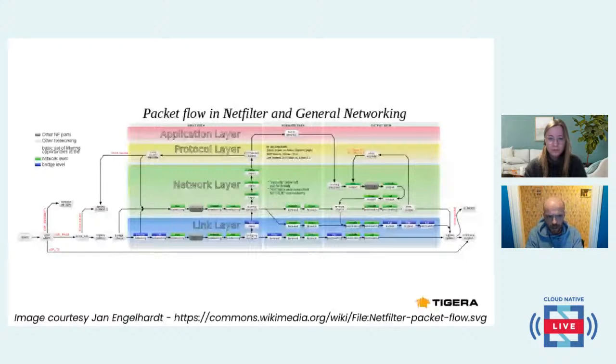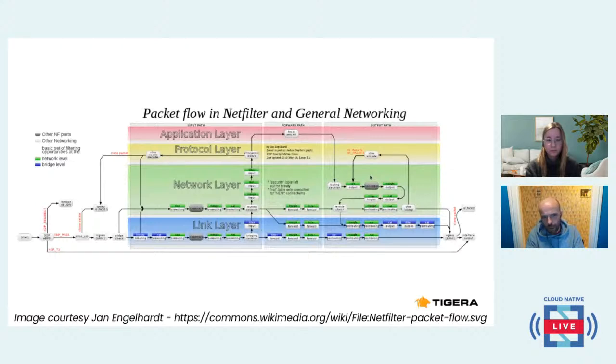The reason I've got this diagram up is because there's a fair amount of complexity going on here. People familiar with computer networking will know that you've got the link layer, network layer, and protocol and app layer, and most of the packet processing happens in the colored boxes in the middle.